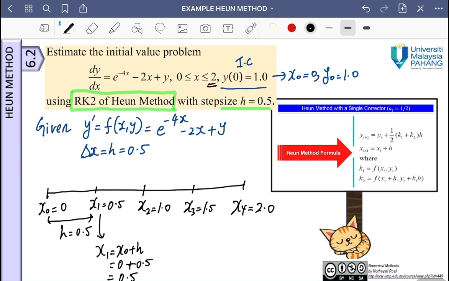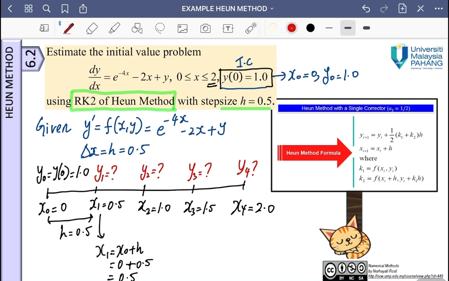Here at x0 equal to 0, this is our y0, which comes from your initial condition, equal to 1.0. The task is to calculate y1, y2, y3, and also y4.